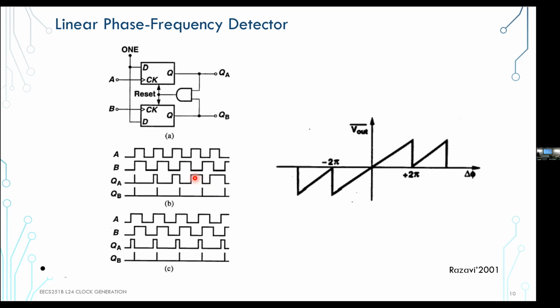And so your phase error signal accumulates. QA is your phase error signal, right? Its width is proportional, or if you average that signal, you're getting a proportional measure of the phase error. In this case, it accumulates. As we go in time, the average will grow.